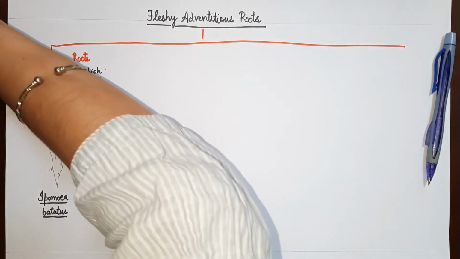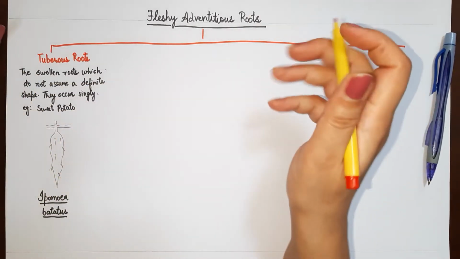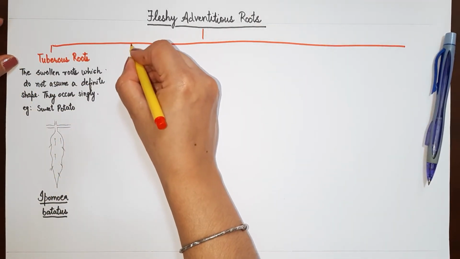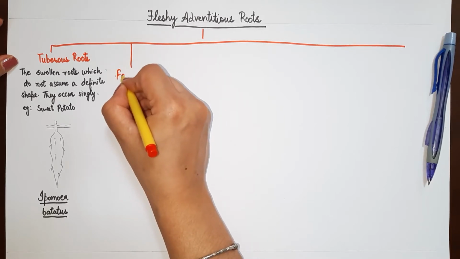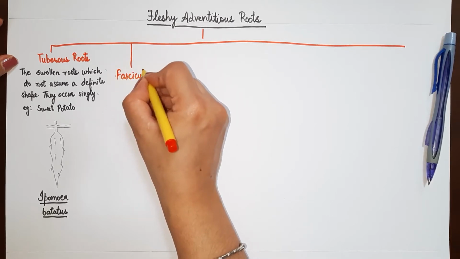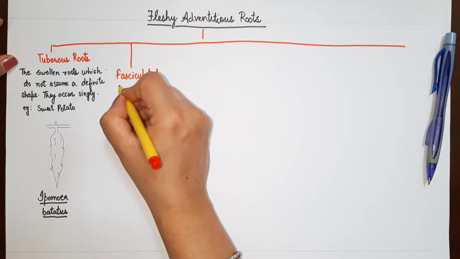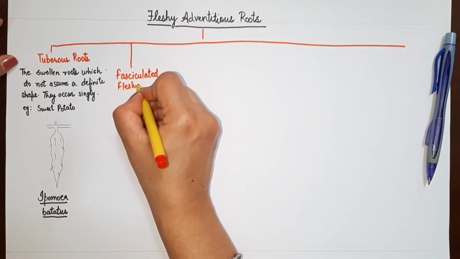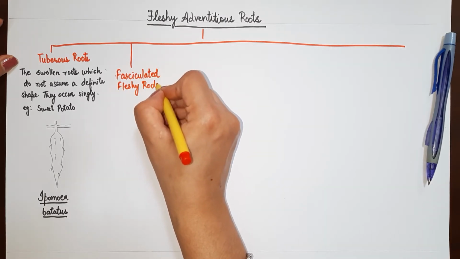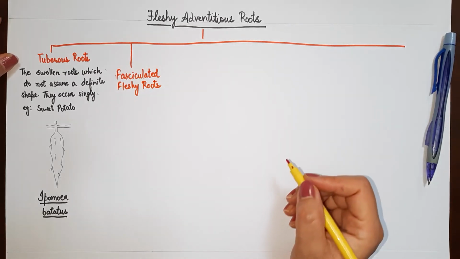Now the second category is fasciculated fleshy roots. Fascicles means cluster, group.